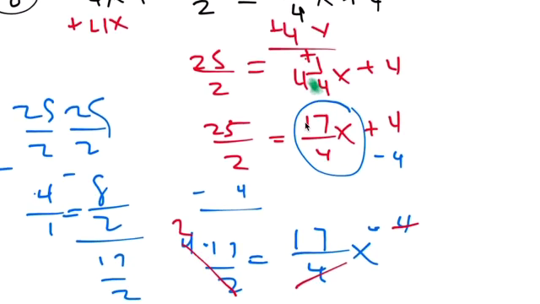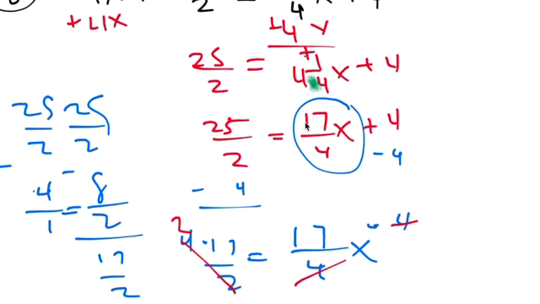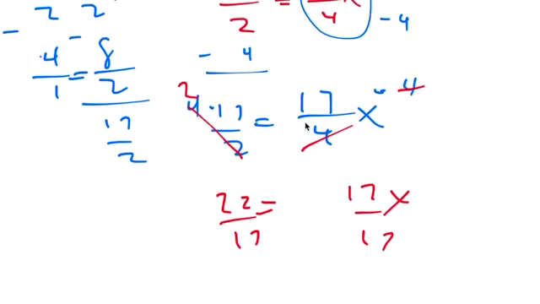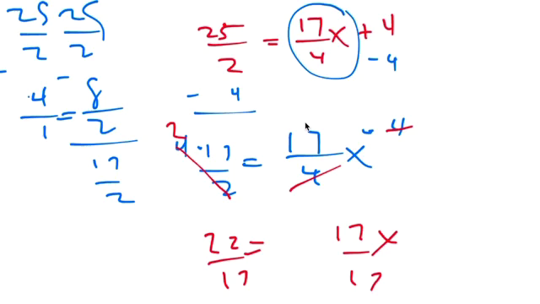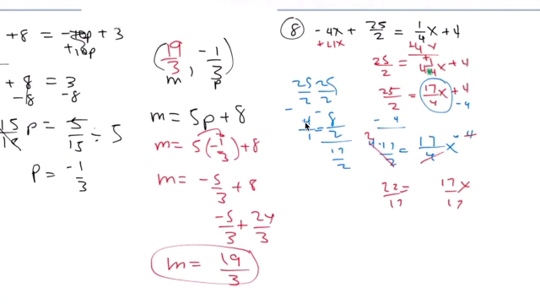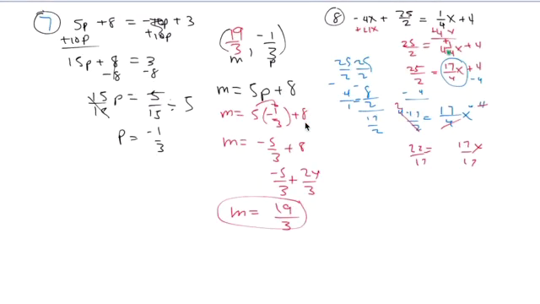Now, which is 8. The answer is 2. Where did I do it wrong? Okay, you guys, you figure it out. I made a slight mistake somewhere. It's number 8.